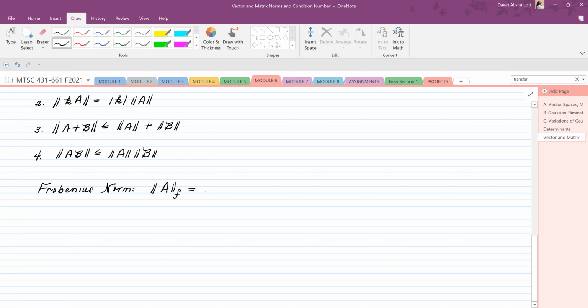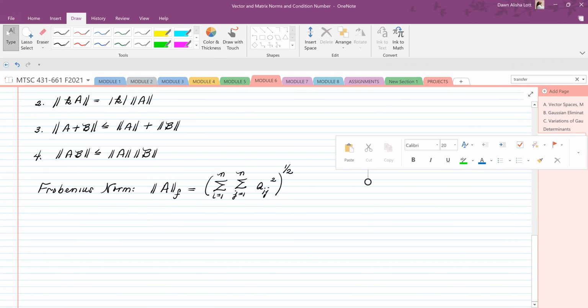And that is equal to the double sum, i equal 1 to n, sum of j equal 1 to n. So we're just squaring each of the entries, adding them up, and then taking the whole thing to the 1/2 power. Okay, so that's equivalent to our Euclidean norm for vector.